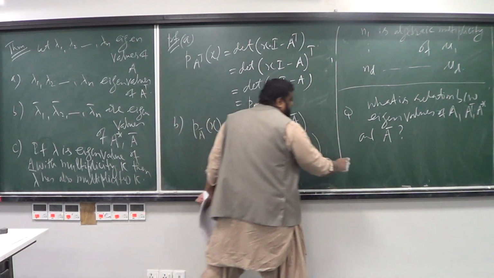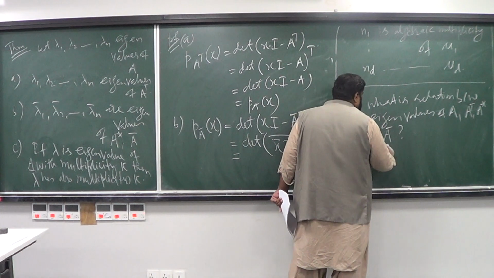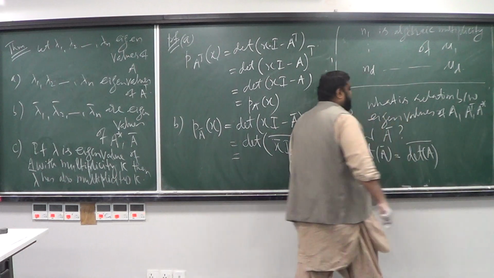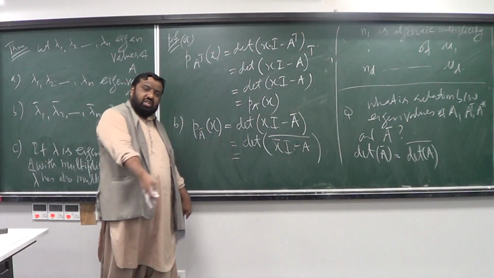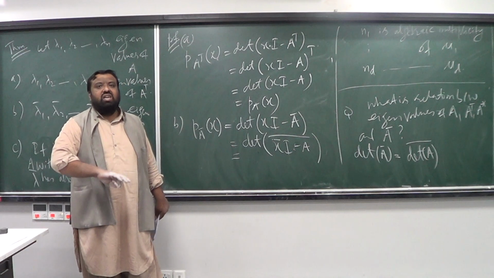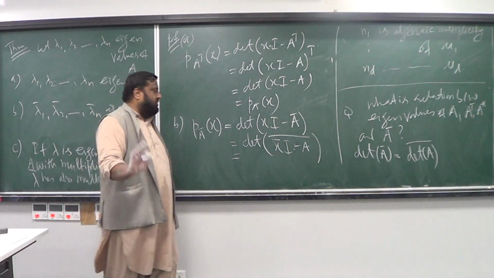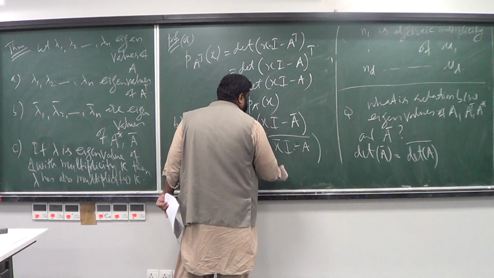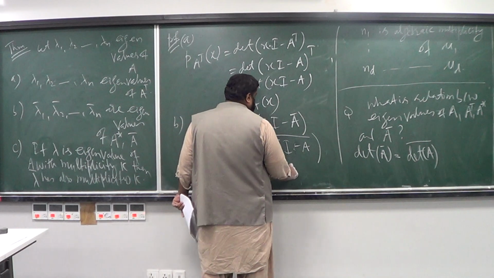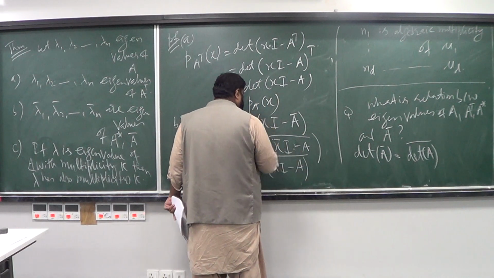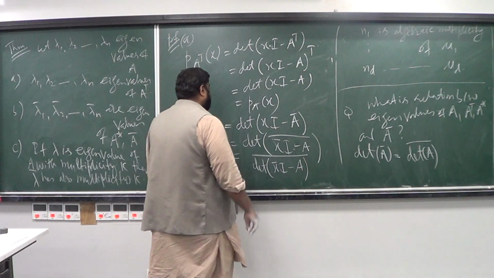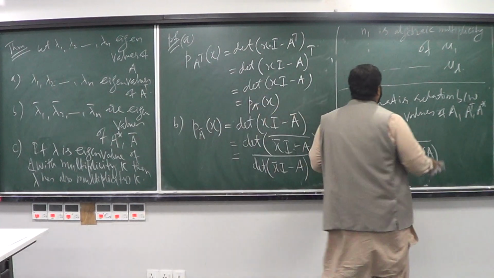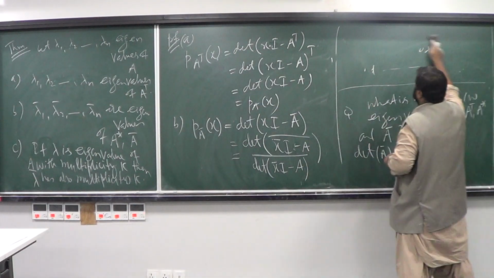We know the property that the determinant of the conjugate of a matrix is the same as the conjugate of the determinant. So you compute the conjugate first and then the determinant, or the determinant and then the conjugate, it doesn't make any difference. So hence I can say that this is the same as the determinant of x conjugate I minus A, whole conjugate, which is the same as what?